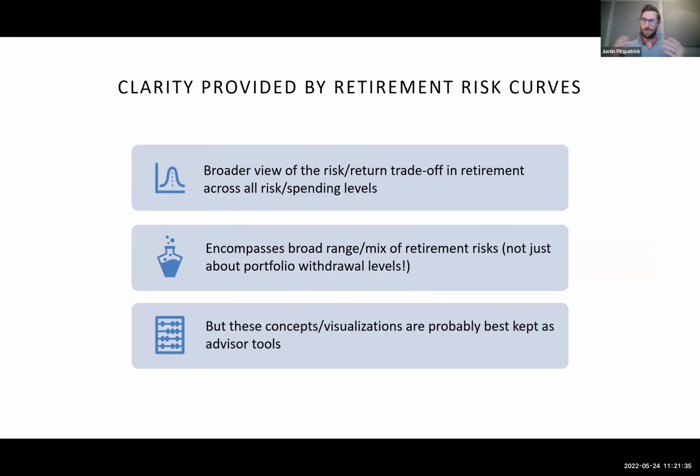So the advantage of this is, again, this broader view of risk return trade-off, and helping us understand that there's not one right probability of success. There's not one right risk level. Clients are able to have different preferences along this spectrum of possible behavior.